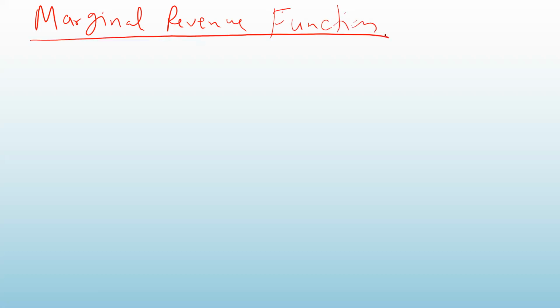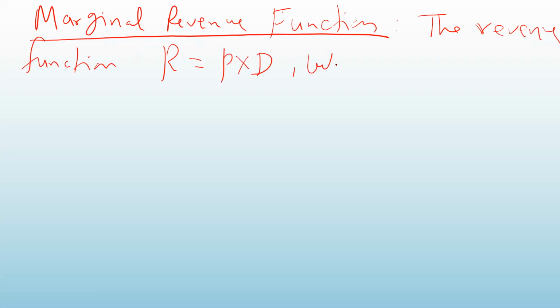Marginal revenue function. You know what is revenue? Revenue is denoted by R and it is given by P into D, price into demand. Okay. So we know that if the revenue R is given by the revenue function R equals P into D, where what is P?